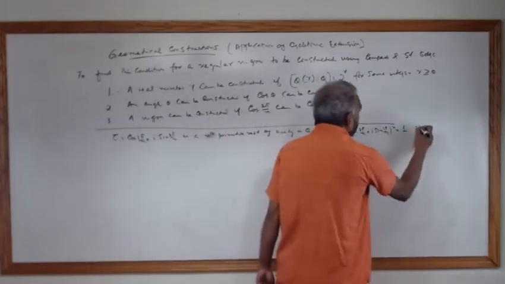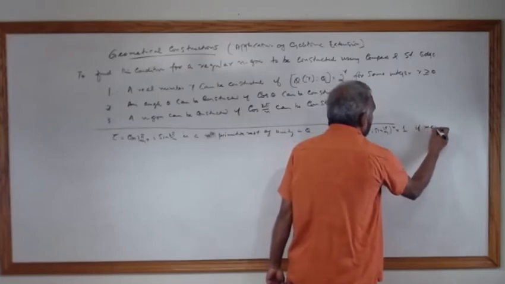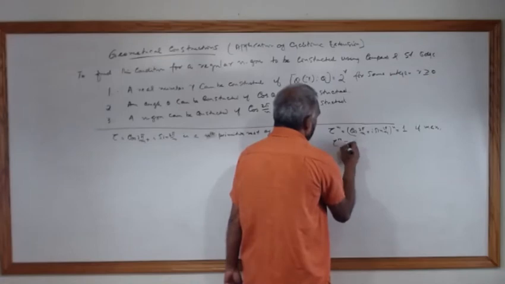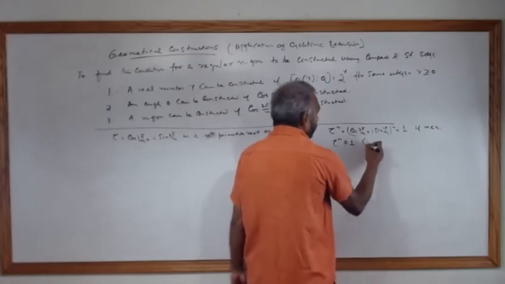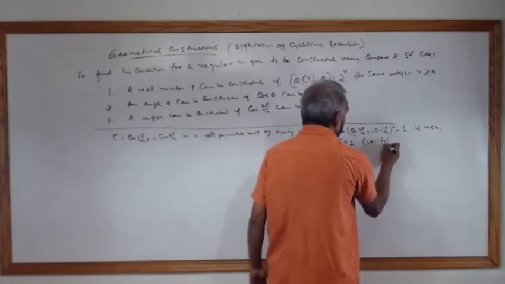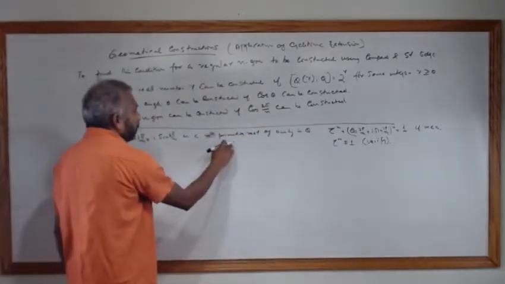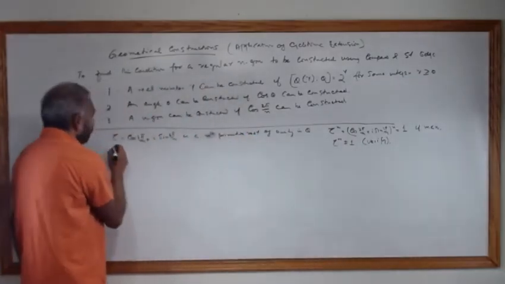And if m is less than n, then zeta to the power of m cannot be 1. You can verify this. So this is an nth primitive root of unity.